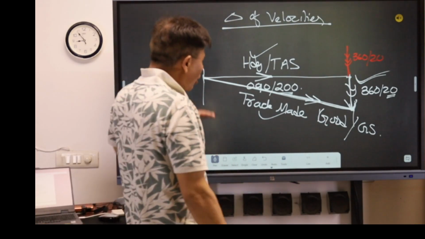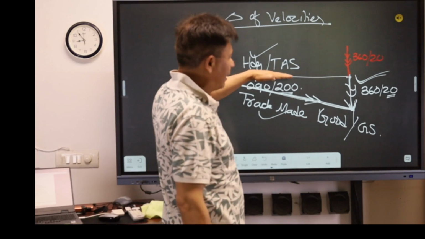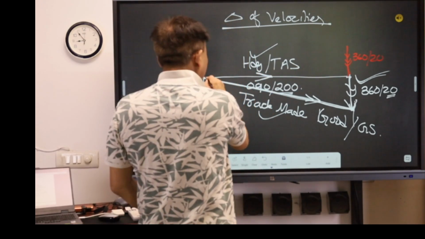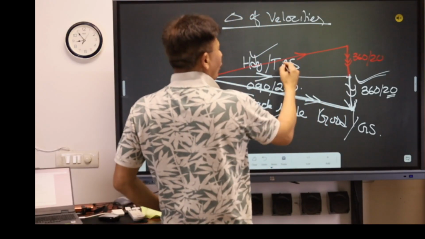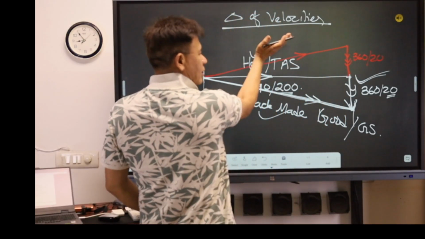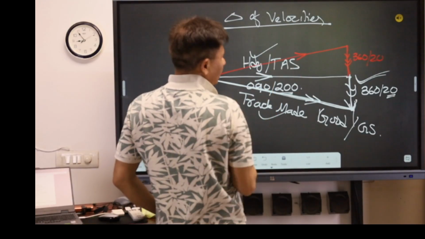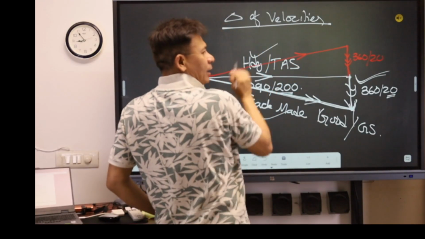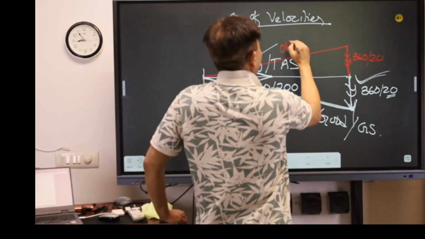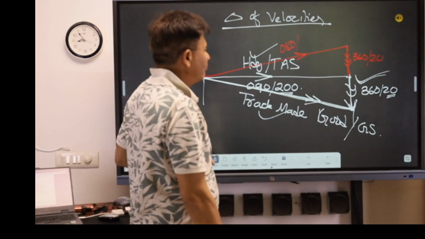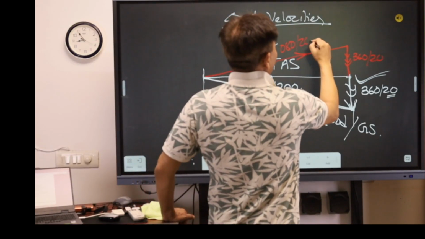And instead of flying on a heading like this, if I join this line and fly a heading of slightly less than 090, we will calculate it later on, but I have to steer a heading which is less than 090. For example, let's say 080 if I fly, and my aircraft speed is still 200 knots of TAS.